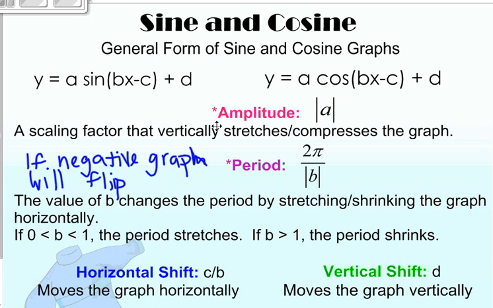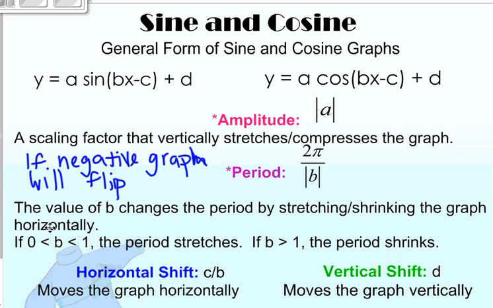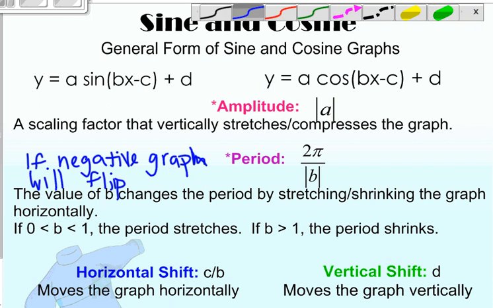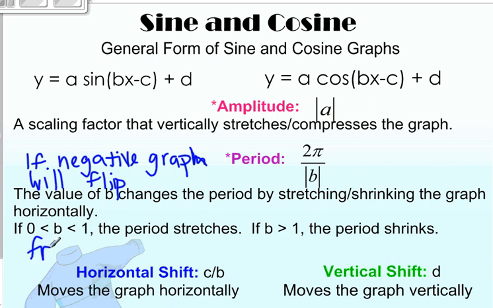So if that value of b is between the numbers 0 and 1, remember, that is a fraction, the period is going to stretch. If it's greater than 1, the period will shrink. So those are whole numbers.